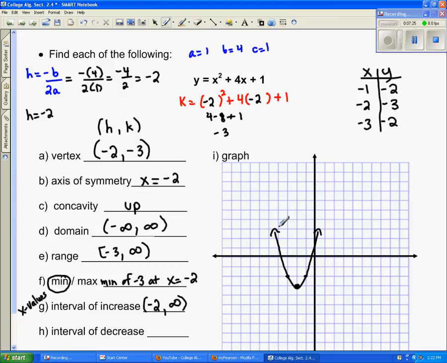And our decrease says where does this graph go down? Well, it goes down starting at negative infinity, and it keeps going down all the way until this point right here, which is x equals negative 2. So our interval of decrease is negative infinity to negative 2. So stop for a minute, go back over this graph, and look at how we get all of these values right here.